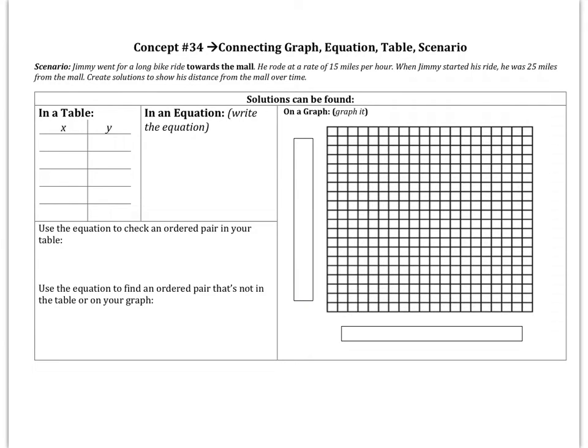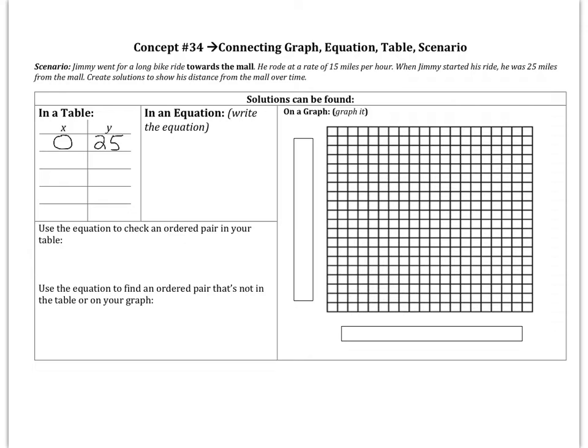So now, when I come up with my solutions, I personally would start with my table, but you also could write an equation. And there's two different ways to do this, so bear with me for just a second. One way is to say that he starts 25 miles from the mall. So you could start your table with he starts, no time has passed, and he is 25 miles from the mall.